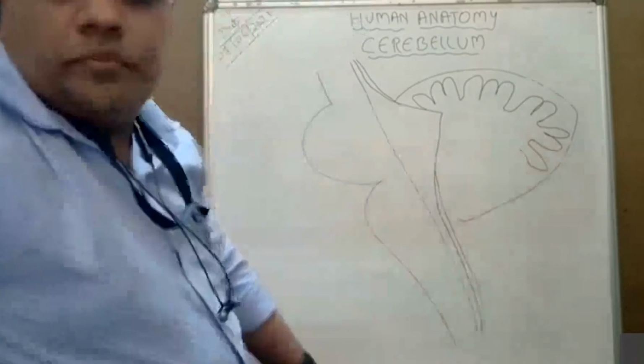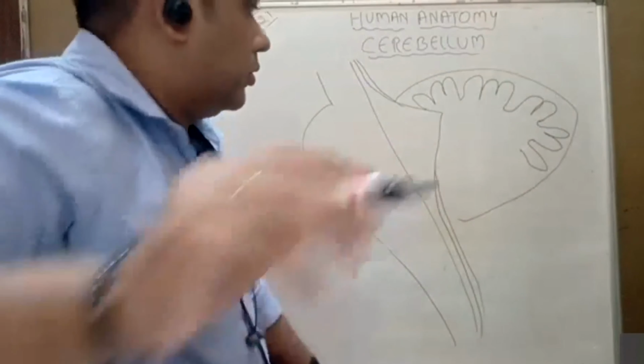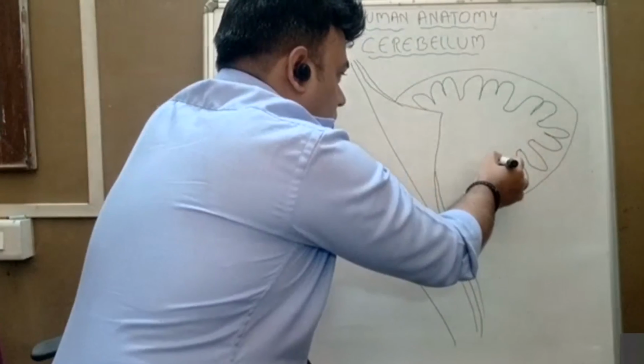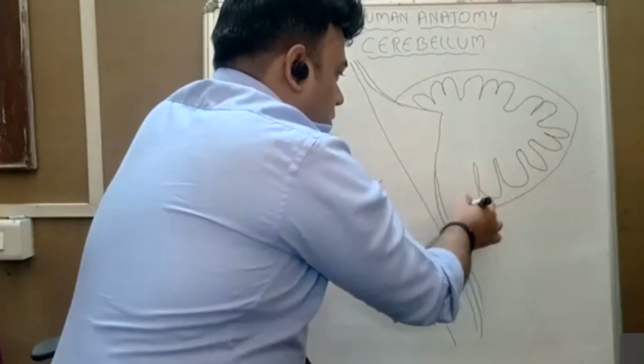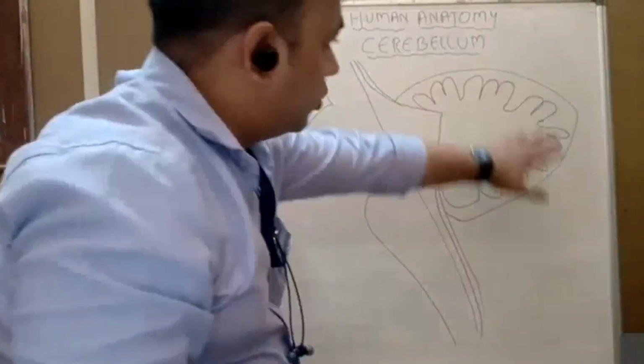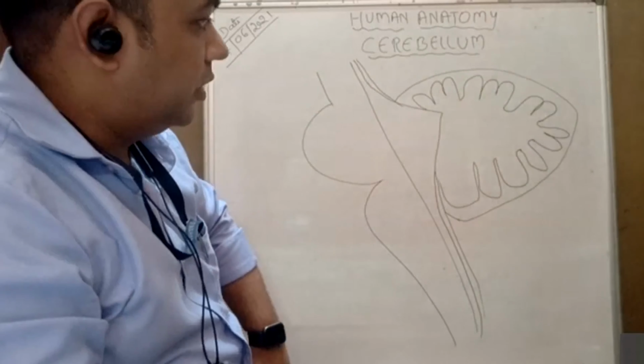Okay. So this is the sagittal section of the cerebellum. Got it?